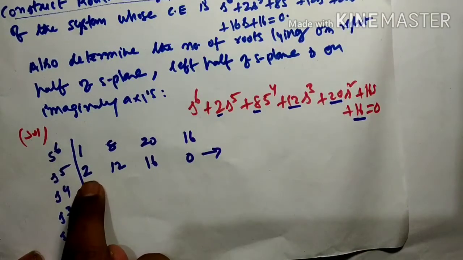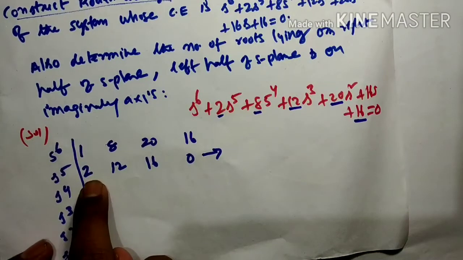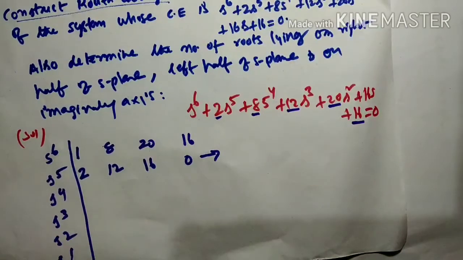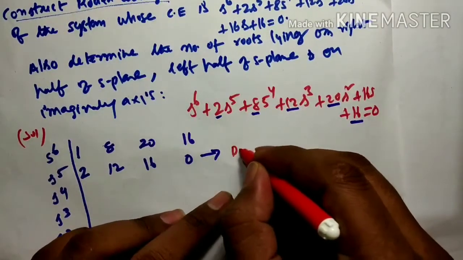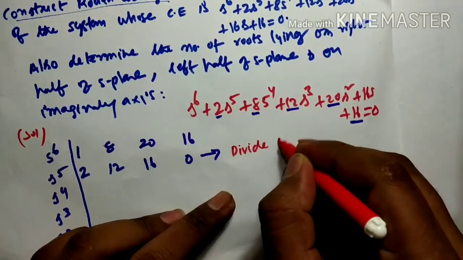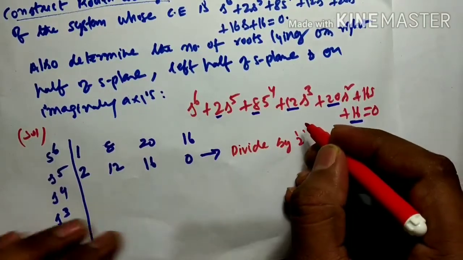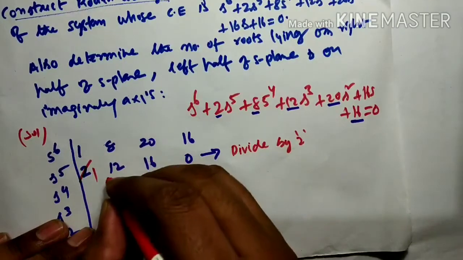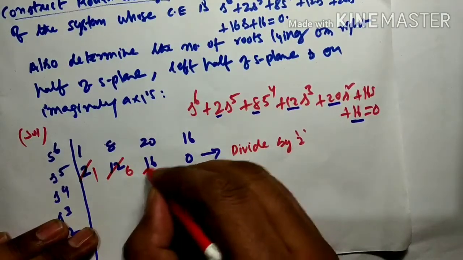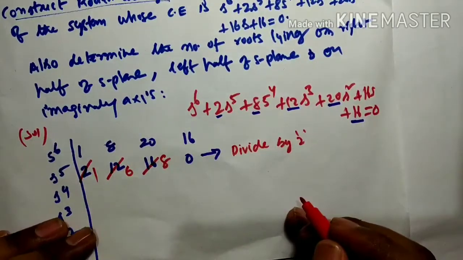In this row all elements can be divided, so we divide by 2. So when you divide, you get 1, 6, 8, 8.